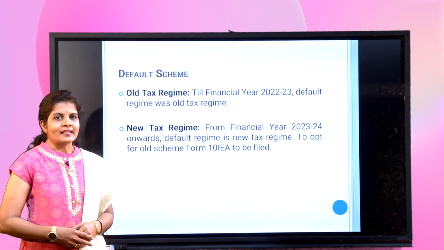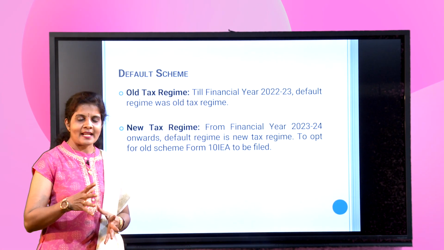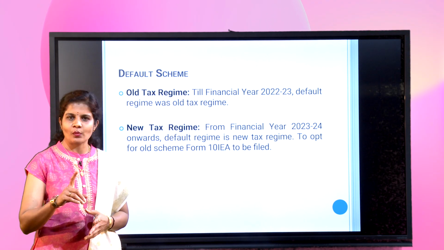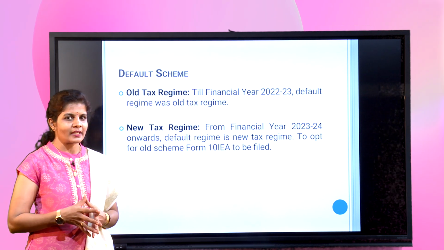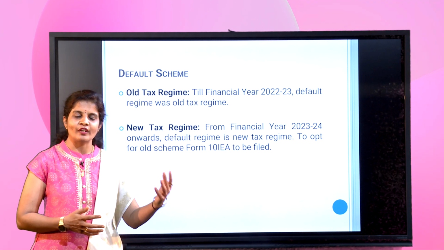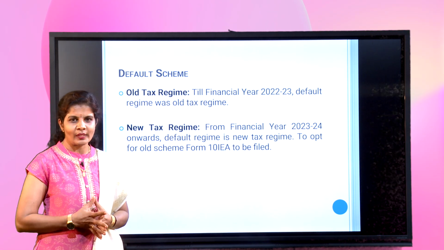Now let us understand which is the default tax scheme. Earlier to 2020, we had only one type of tax, so we did not have an option to decide whether to go for the old tax regime or the new tax regime.